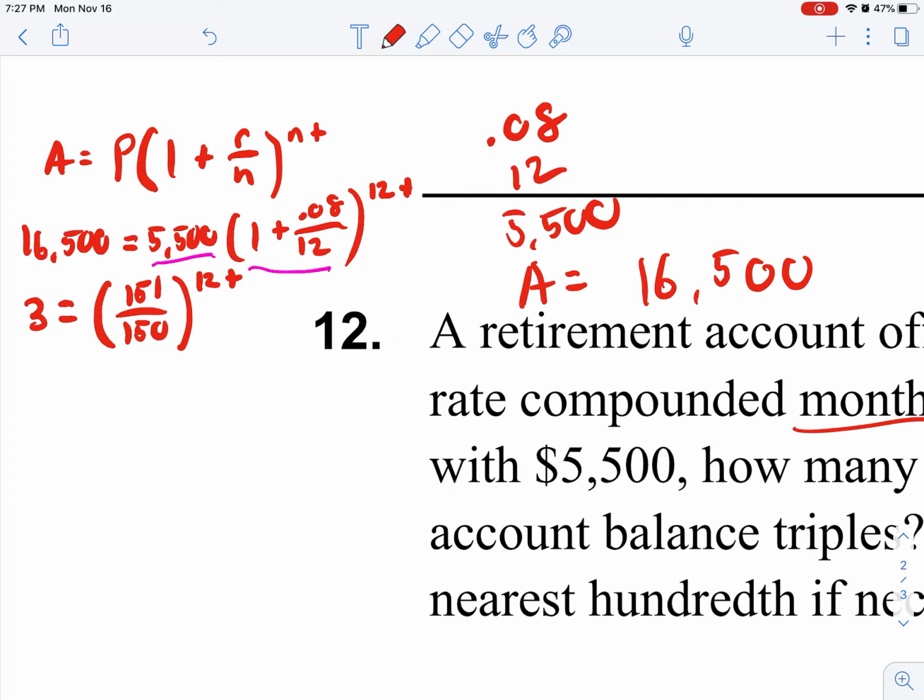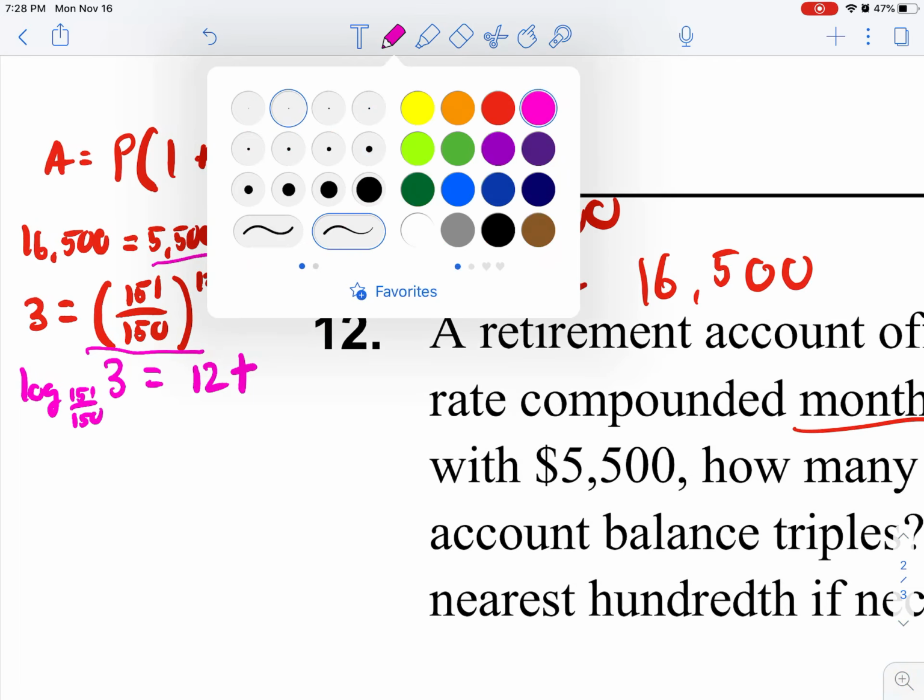So using the definition of log, we're going to say log base, this is our base, so that means log base 151 over 150 of 3 equals 12t.